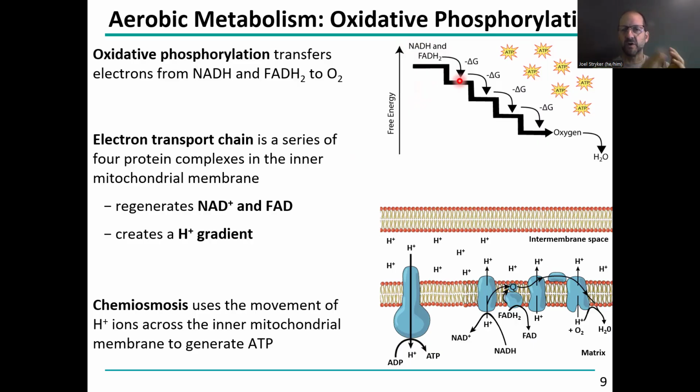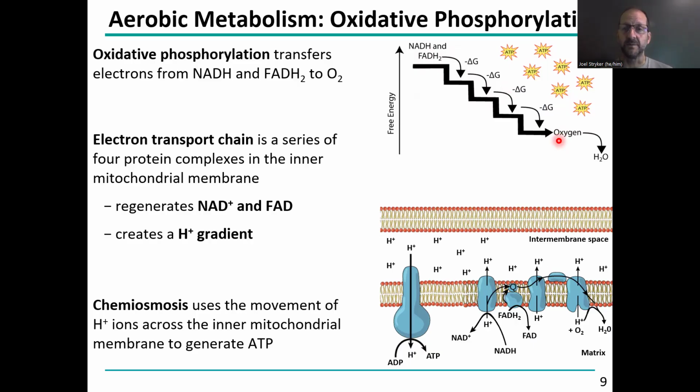So as you go further on, the molecules are more and more electron hungry, and so the electrons are more and more stable around each of those, which means a lower energy. That can be a little bit confusing to think about, but as a series of redox reactions, just think of it as going from a higher energy to a slightly lower energy as it goes down, down, down.